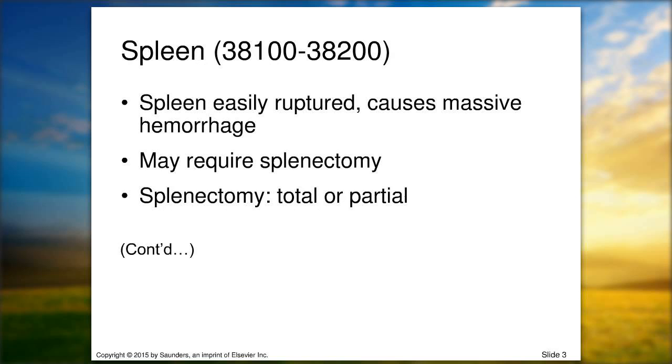So why can a person live without a spleen? That is because the bone marrow, liver, and lymph nodes take over the work of the spleen. Often this is done as part of a major procedure, and you'll notice that it is bundled into the major procedure.